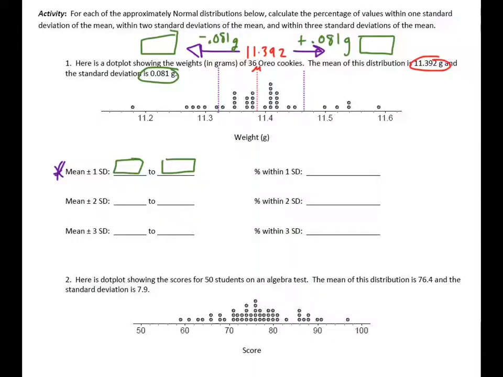So what would the proportion of values be in there? Well, there's 36 cookies. I got 1, 2, 3, up to 25. So I would say I've got 25 out of 36 in there, whatever that percent is.